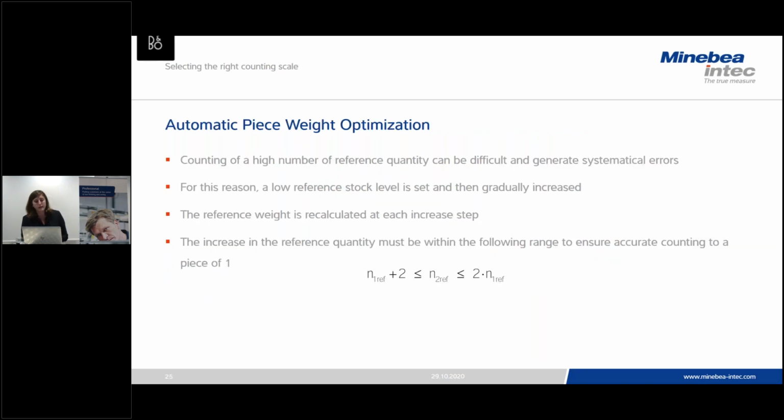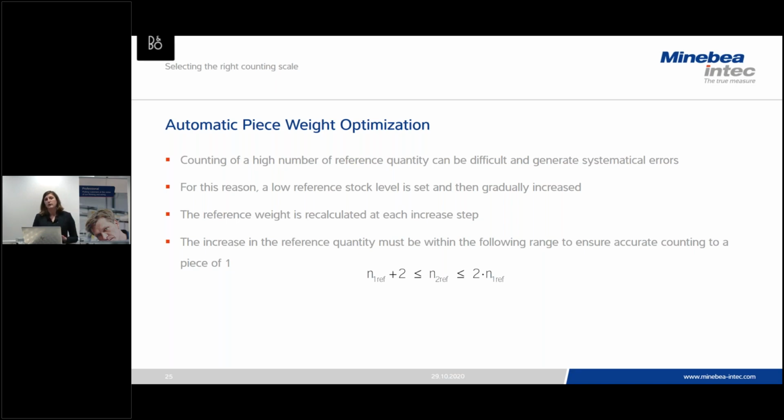As I promised you, I will say something about how to easily come to a high number of reference quantity. Because otherwise, as I already said, it can easily happen that you have a systematic error, so that somebody just counts incorrectly.